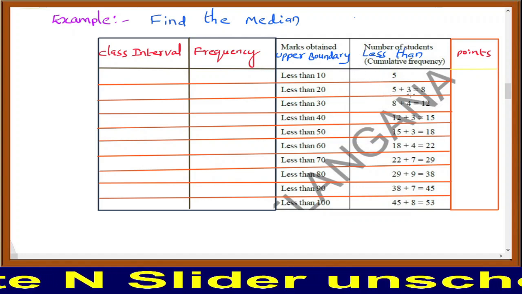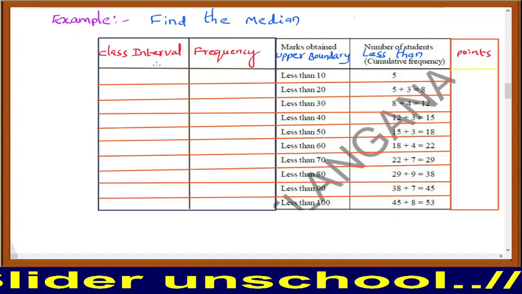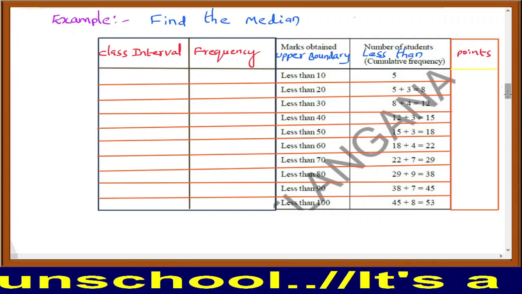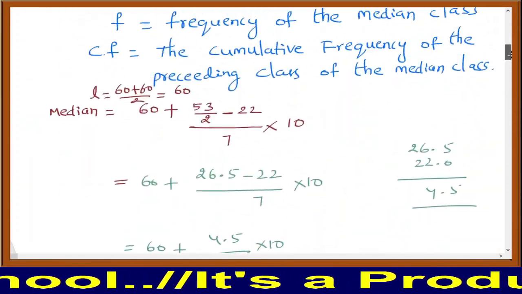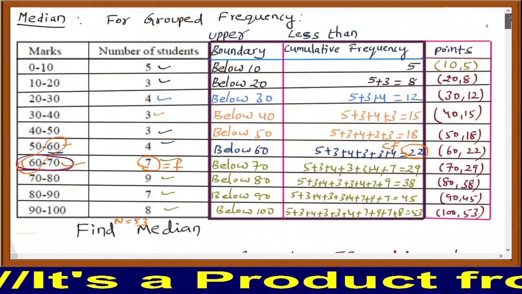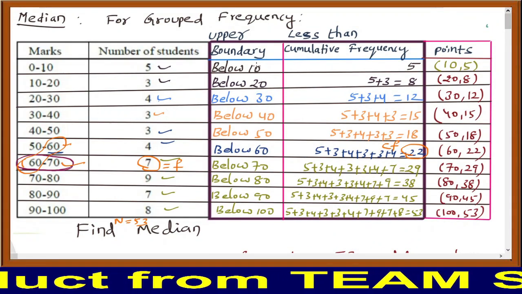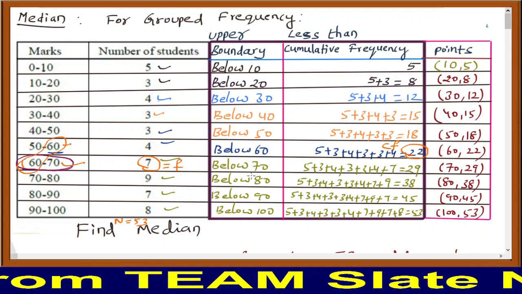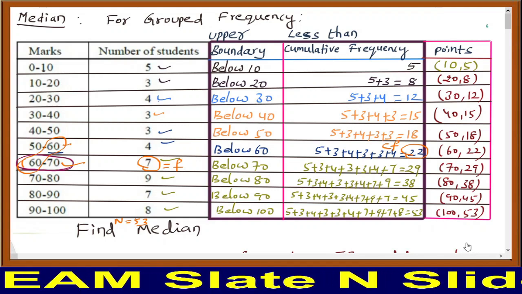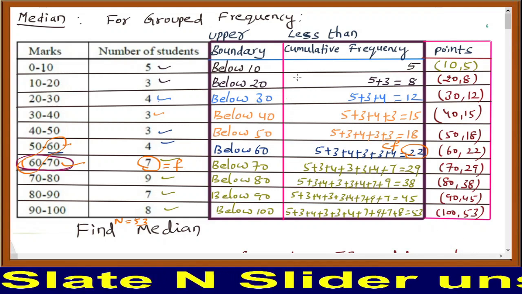So by using this data you have to write the class intervals. So just observe the previous question once. Here just observe, the difference between the two upper boundaries is 10, that means the length of the class interval will be 10. Okay, we got that.